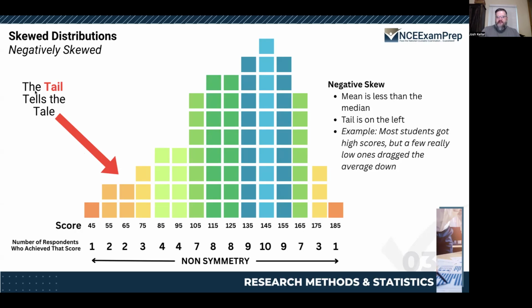For example, most students got high scores, but a few really low ones dragged the average down. Because those low scores dragged the average down, the mean score is going to be lower than the median score.